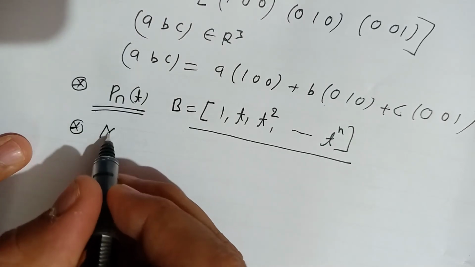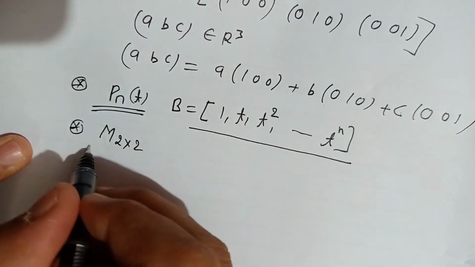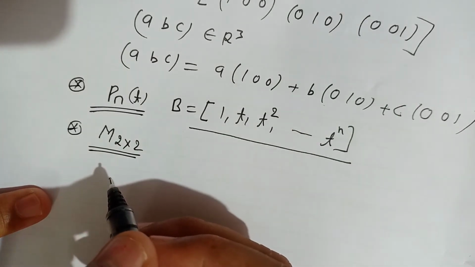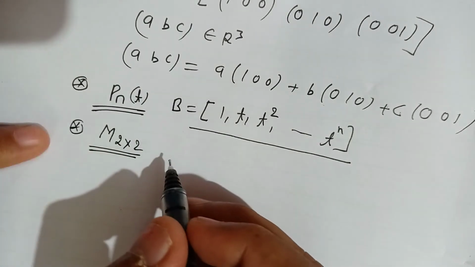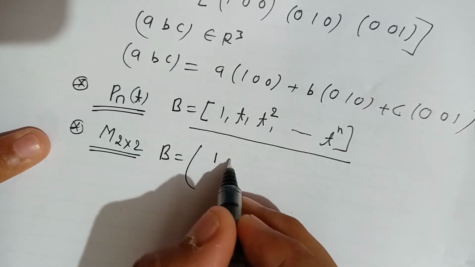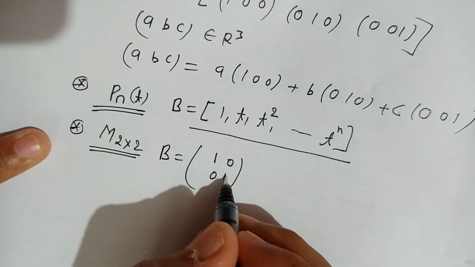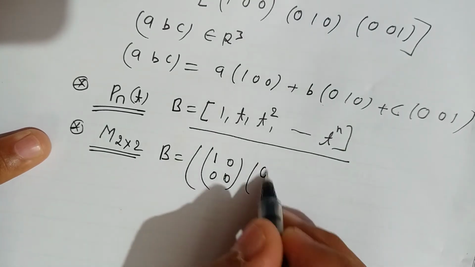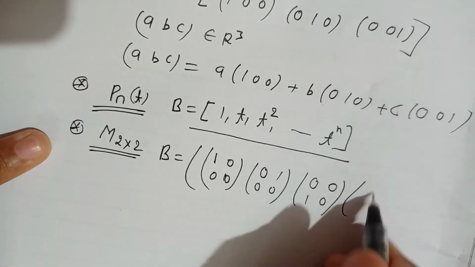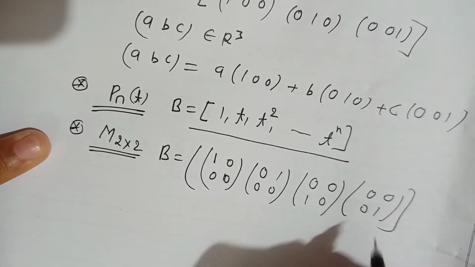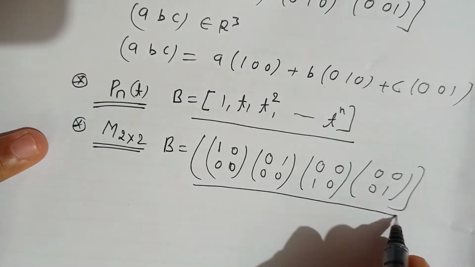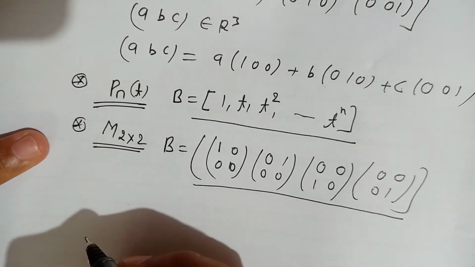If V is the vector space of the set of all 2 cross 2 matrices, the basis elements will be [1 0; 0 0], [0 1; 0 0], [0 0; 1 0], [0 0; 0 1]. So these are the elements of a basis for the set of all 2 cross 2 matrices.